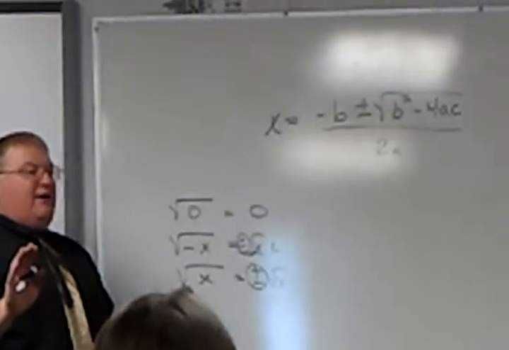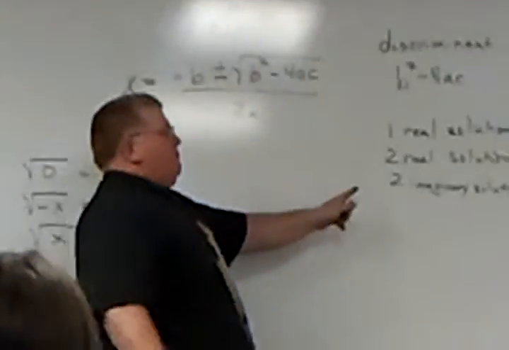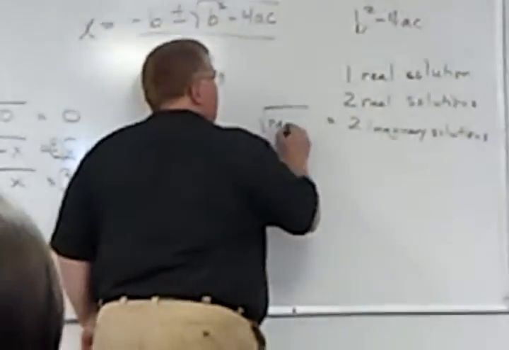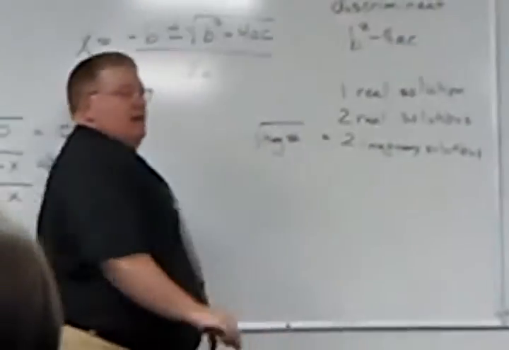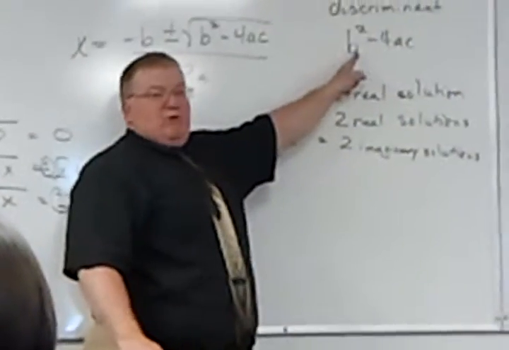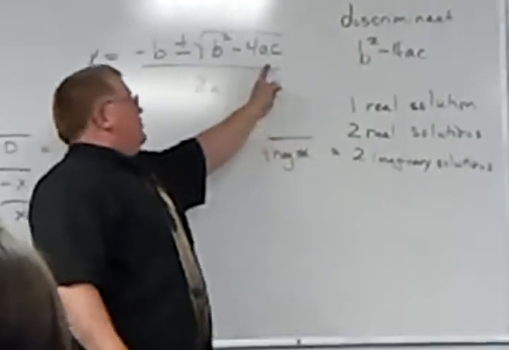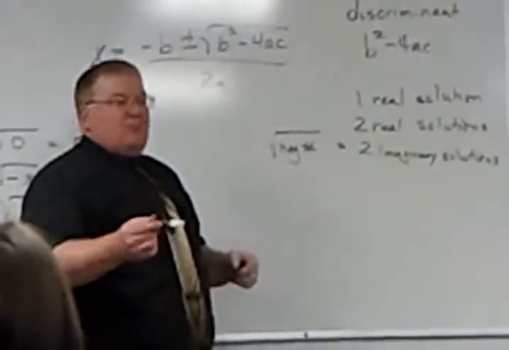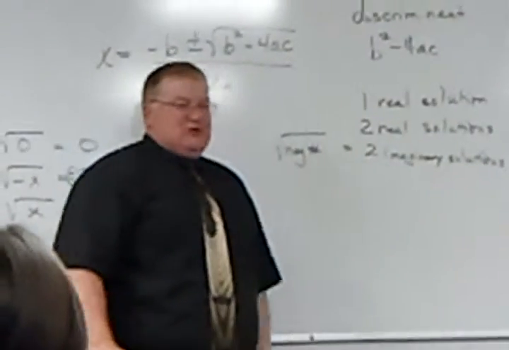Two imaginary solutions is the answer for the square root of a negative number. If you get a negative number in b squared minus 4ac, which is found underneath the square root, the answer to the problem is 2 imaginary solutions.